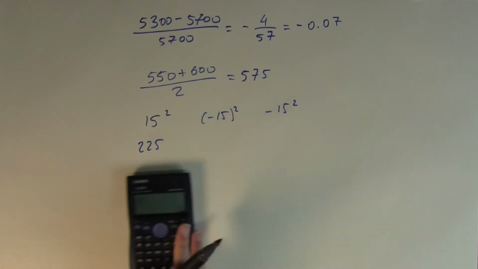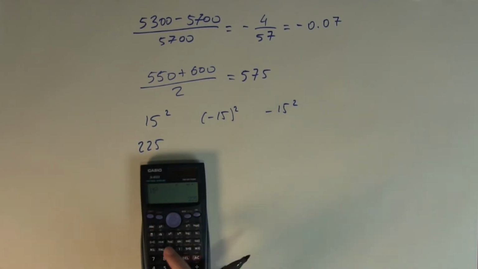So how can I tell this to the scientific calculator? Well, I type in the bracket, then the negative sign, the number 15, close the bracket, and then hit the square button. And I'm expecting to have a positive answer, and exactly the same as this answer.